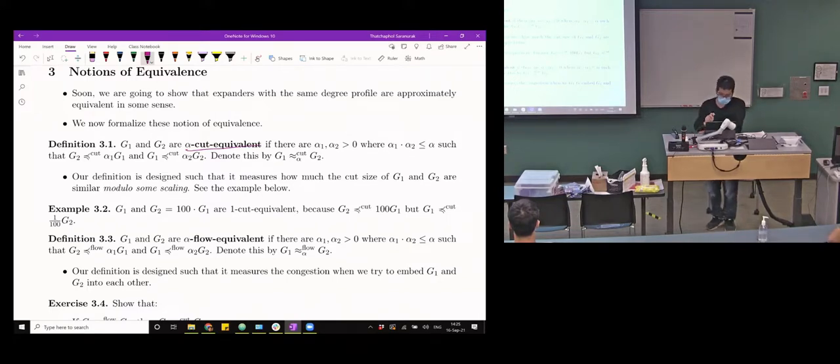I say that G1 and G2 are alpha cut equivalent if there exist alpha 1 and alpha 2 such that when you multiply them, the product is less than alpha, and G2 is at most alpha 1 times G1, and G1 is at most alpha 2 times G2.